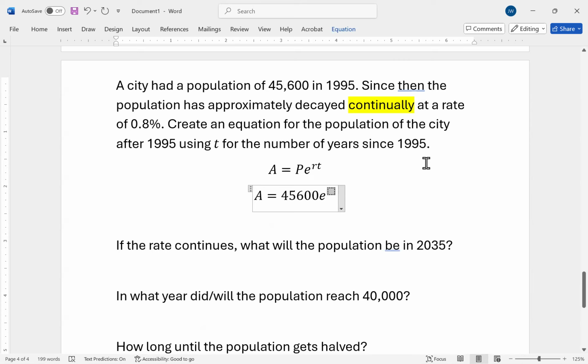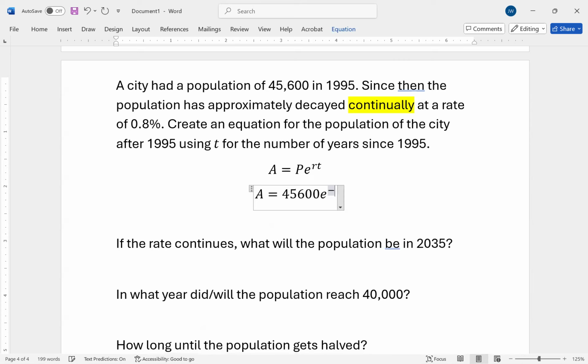Now be very careful about this. Decaying is going to give me a negative. 0.8% is 0.008. Don't write 0.8, that would be 80%. 0.008 is 0.8%. And then T is the number of years since that initial time of 1995.